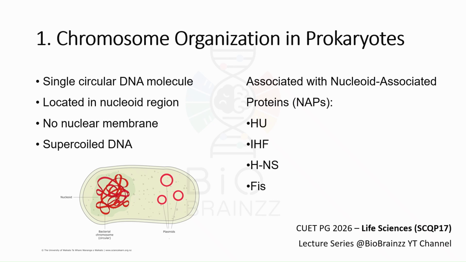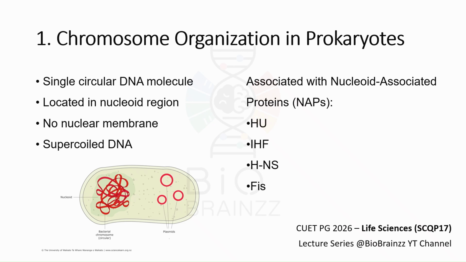Some important nucleoid associated proteins that you should remember for exams are HU, IHF, HNS, and FIS. You can also see in the diagram that apart from the main bacterial chromosome, small circular DNA molecules called plasmids may also be present.